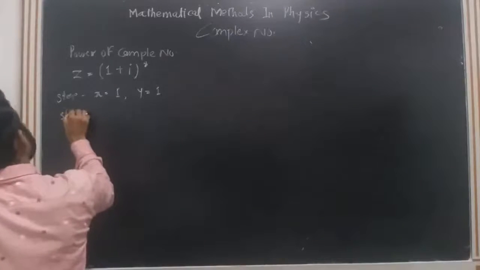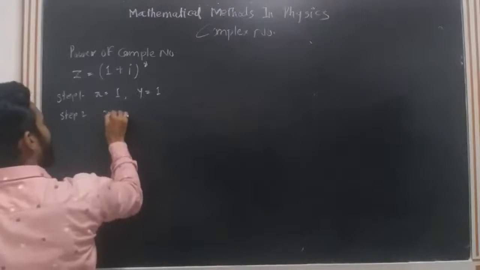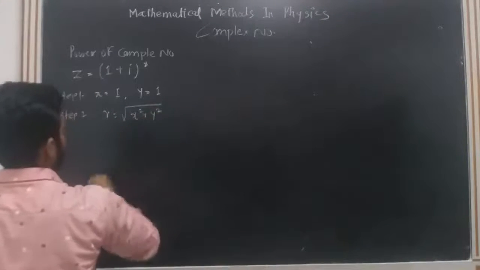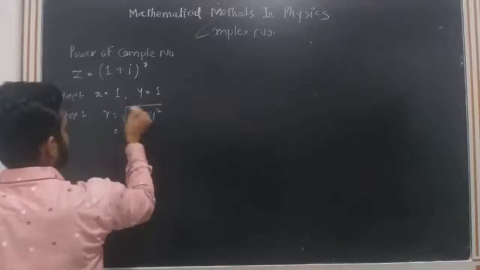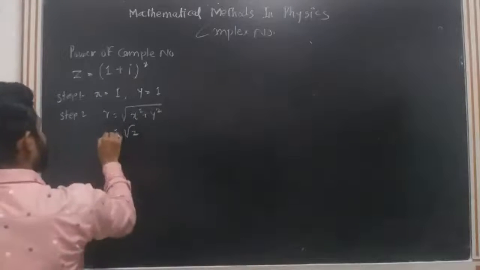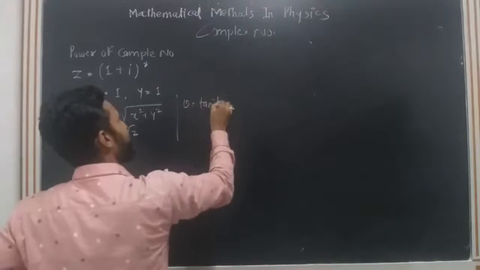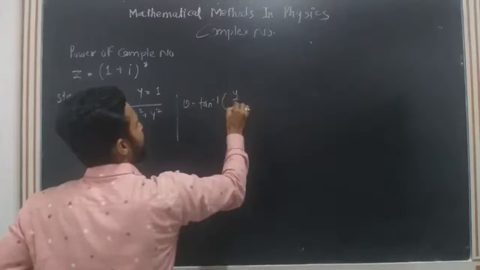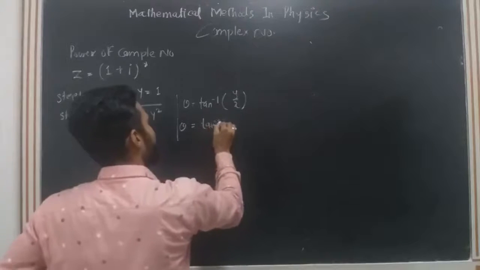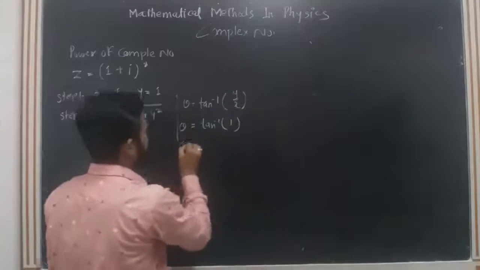Step 2: find r. r is equal to under root x square plus y square, which is nothing but under root 2. Find theta, which is equal to tan inverse of y by x, so tan inverse of 1 by 1, which is tan inverse of 1.